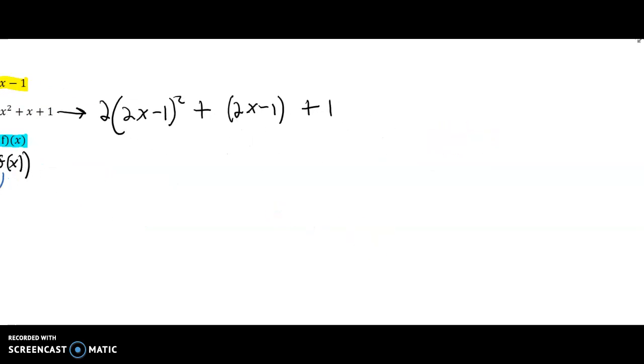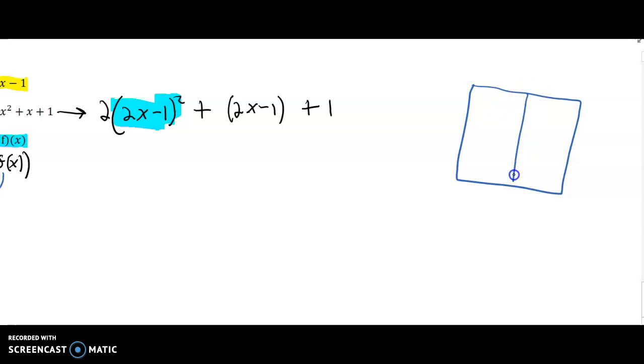Okay, we are going to do this piece in a square off to the side. So we've got 2x minus 1 and 2x minus 1. We've got 4x squared minus 2x minus 2x, and negative 1 times negative 1 is plus 1. Okay, let's plug this back in.